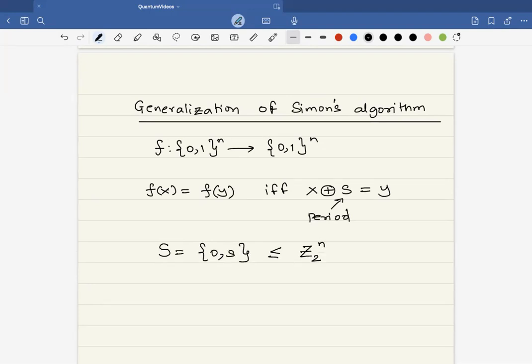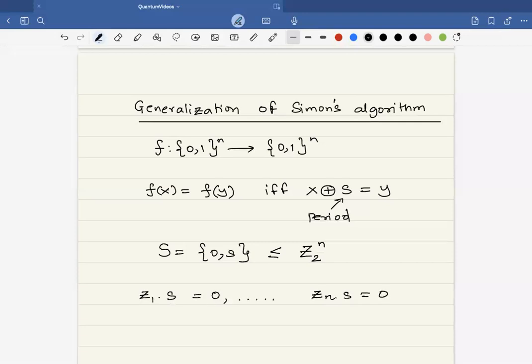And in each run of the algorithm, we get a number Z1 such that Z dot S is equal to 0, and so on. In n runs, we get n independent vectors Z1, Z2, Zn such that Zi dot S is equal to 0.